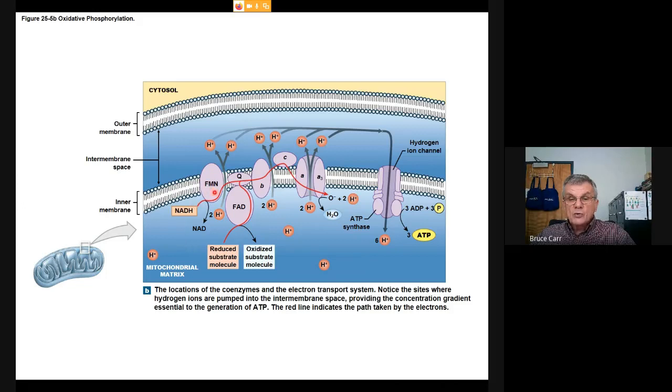What they've drawn here is one protein complex showing you the FMN, the coenzyme Q, then cytochrome B, C, A, and A3 in position to transfer the electrons along. Now, that point I made about ATP production, it basically rests on the fact that these carriers are going to pass these electrons along.